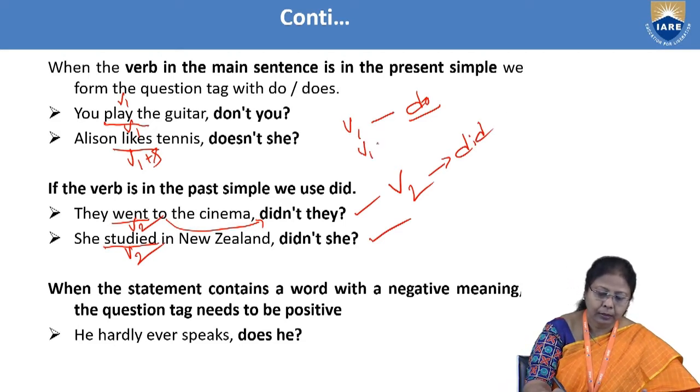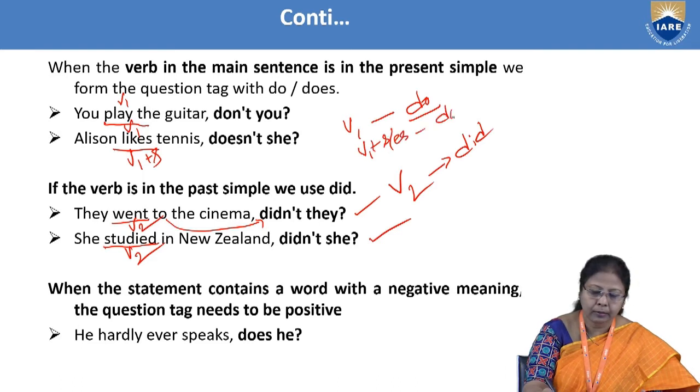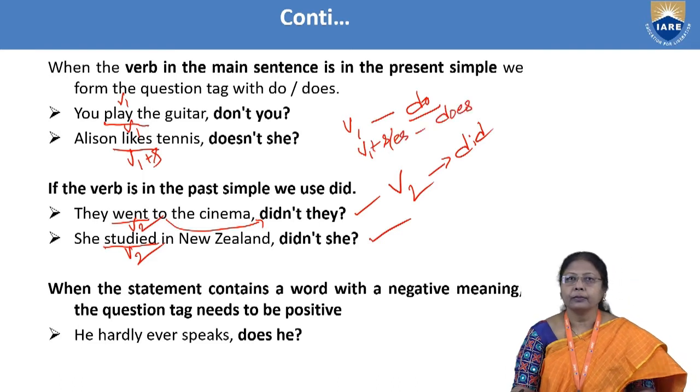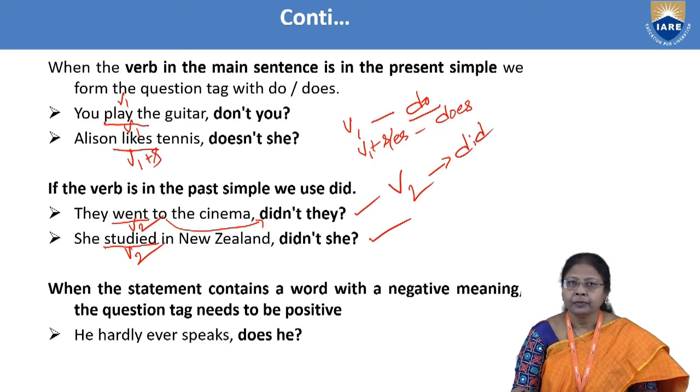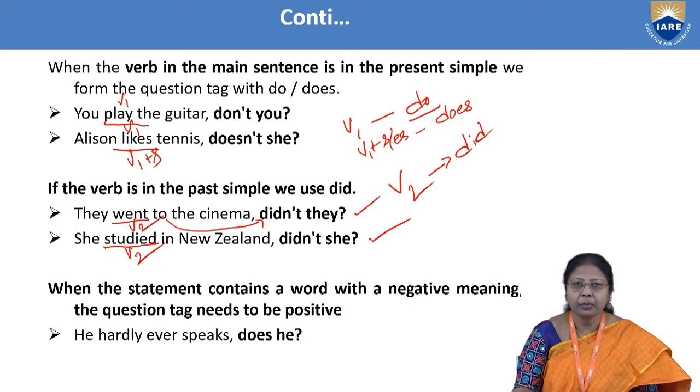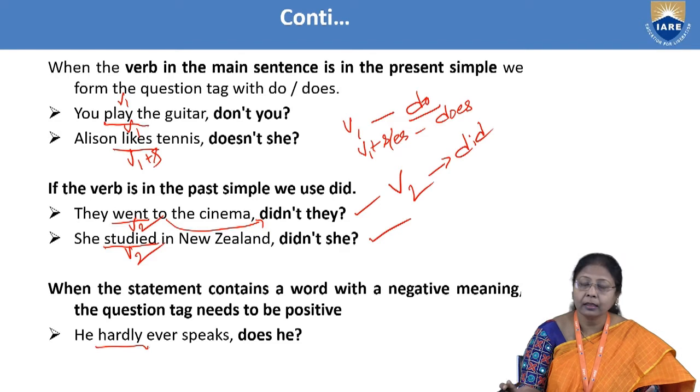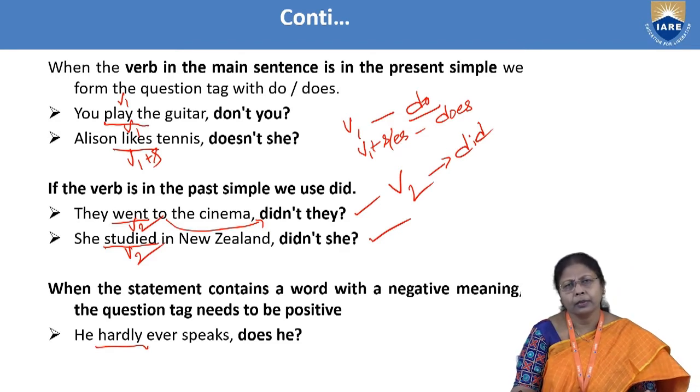V1 plus S or ES takes does. Clear? Next, when the statement contains a word with a negative meaning, as we just discussed. Hardly: he hardly speaks, he never speaks. The student who sat in the class hardly ever speaks, meaning he never speaks at all.